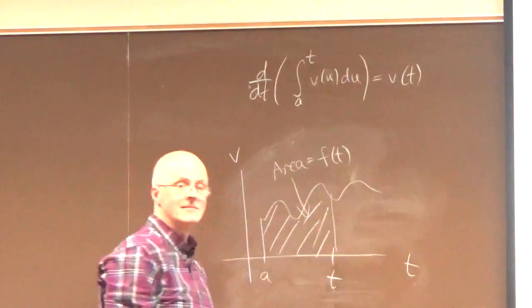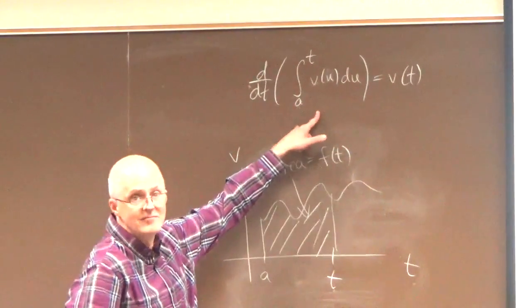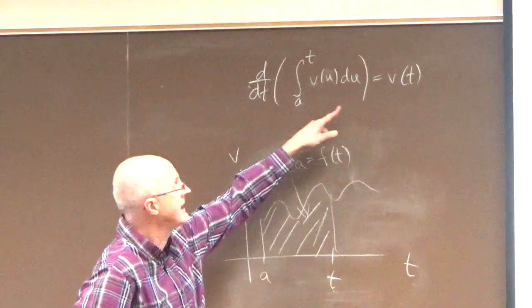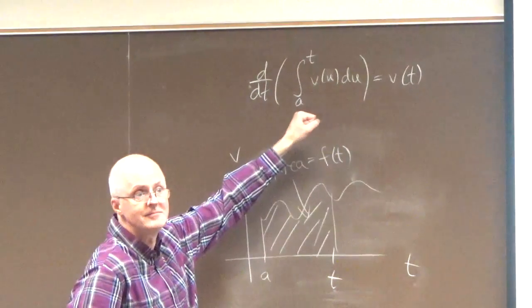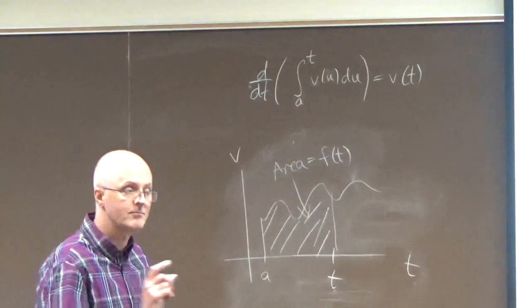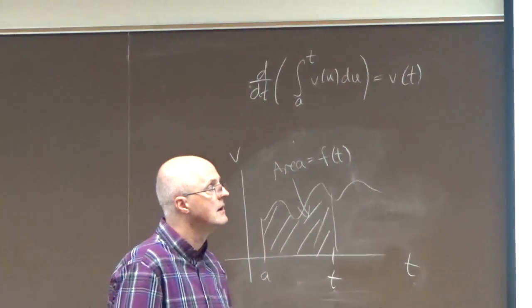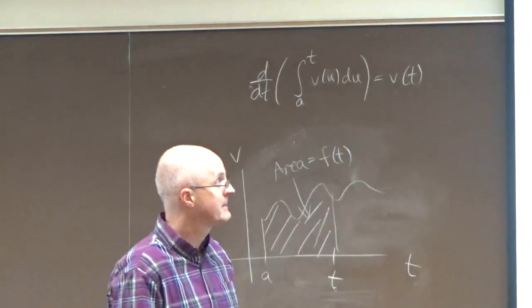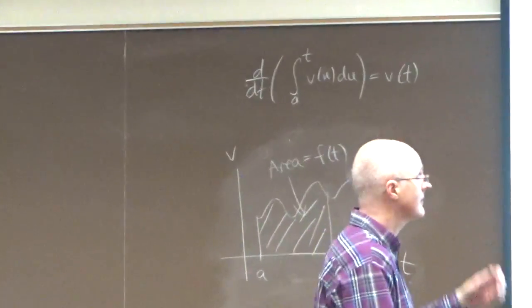If I differentiate the distance traveled, I get the velocity, or speed if it's motion in one direction. Let's look at some examples, and we'll build up in more complexity.